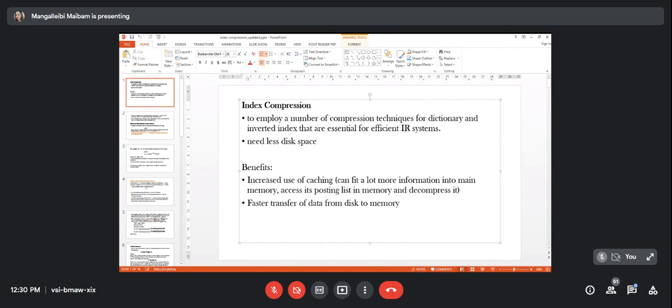This is one benefit. The other benefit is that since the size becomes smaller than the original, it helps in faster transmission of data. That means the transfer of data from disk to memory will be faster. So these are the advantages of index compression.